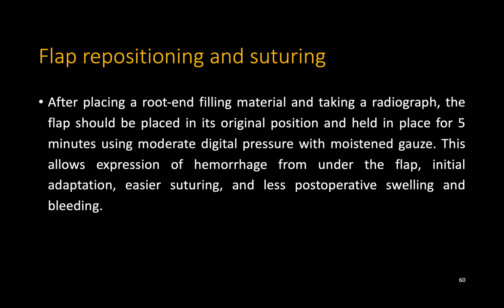Then we place or reposition the flap, and we should place some pressure using our fingers on a moist gauze on the flap, and this is done to allow expression of hemorrhage and blood from under the flap. It improves the initial adaptation, it makes suturing easier, and reduces post-operative swelling and bleeding.